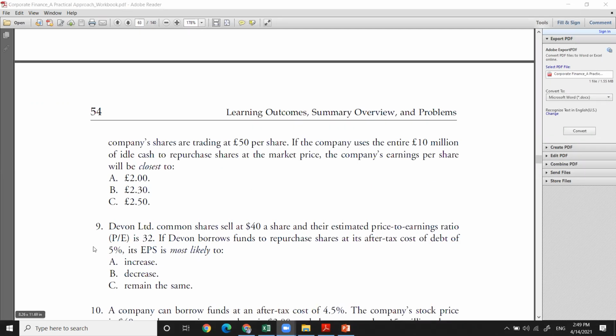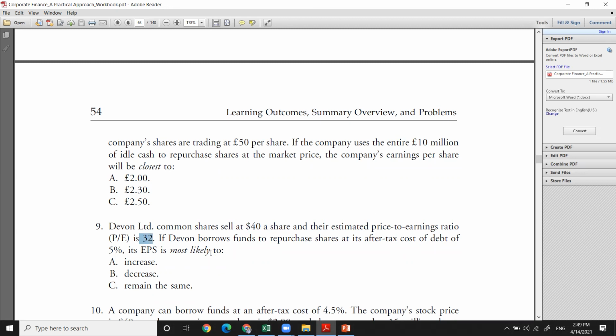Then we move to the question 9. In question 9, we are given common shares that sell at $40 per share, and their estimated price to earnings ratio, not EPS but PE, okay, price to earnings ratio is 32.